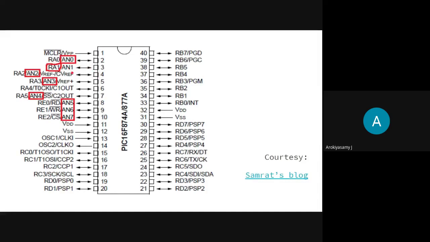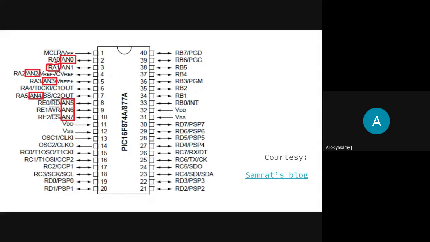As I already said in the previous table, for 7X microcontrollers, port A and ADC are multiplexed. So AN0 means analog channel 0, analog to digital converter channel 0. RA0 is port A 0th bit.